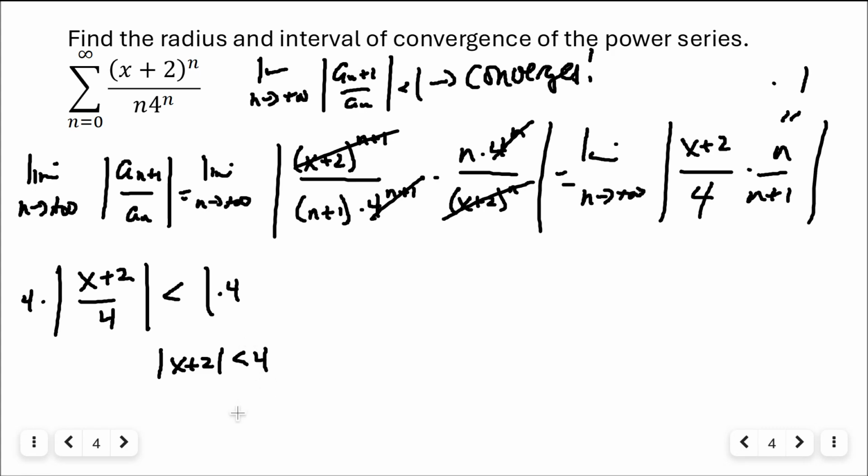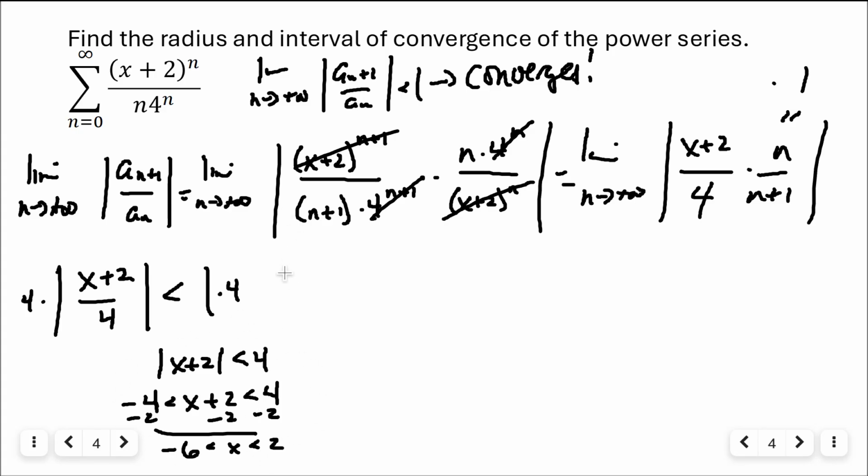So now it's an absolute value inequality. So it becomes x plus 2 has to be less than 4 and greater than negative 4. And I'm going to subtract 2 from everybody. I get negative 6 is less than x is less than 2. Now, I've learned a couple of important things from this inequality.